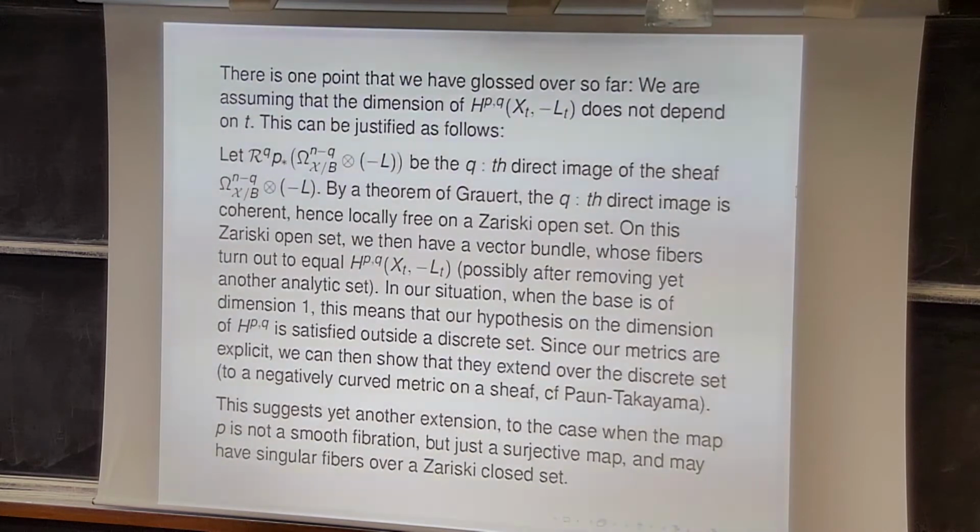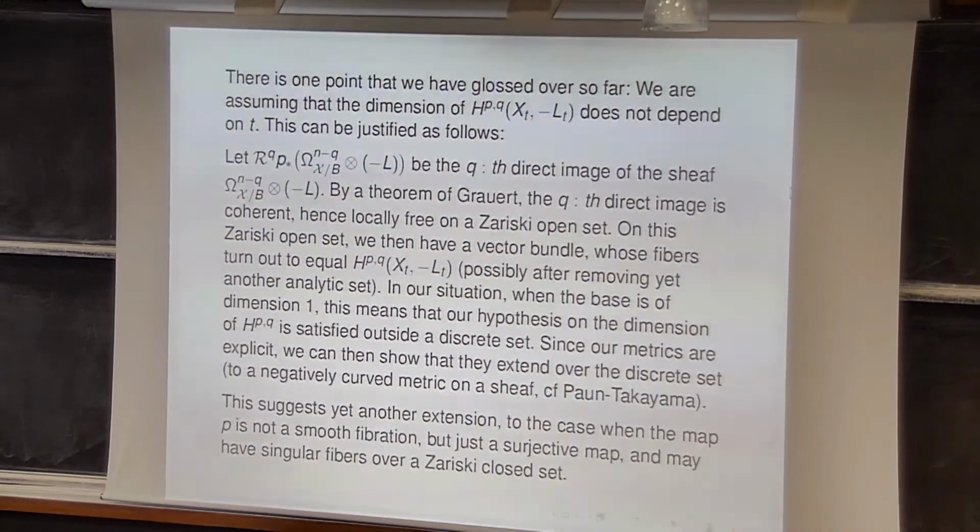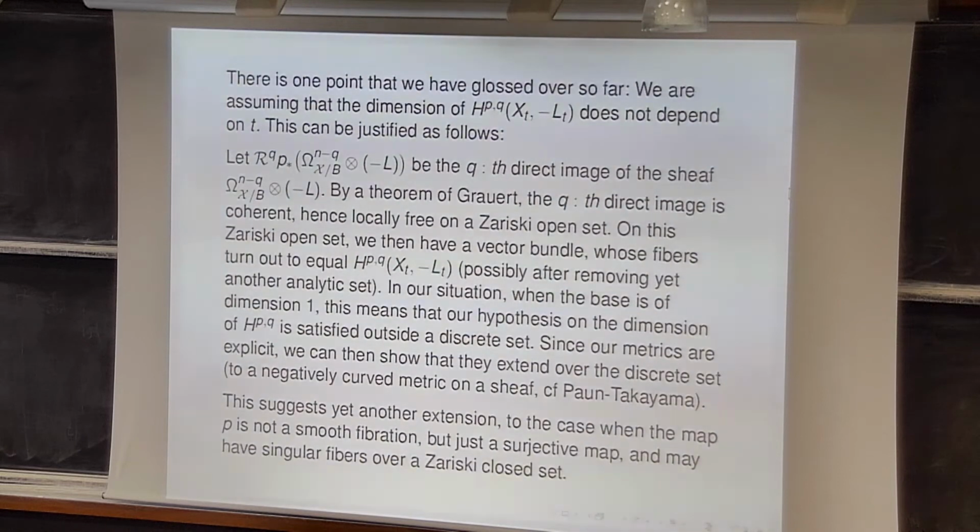But now, once we have extended the metric over some bad points, we can try to extend it one step further to the case when the map p there is not a smooth fibration, but just a surjective map. So it may have some singular fibers over a Zariski closed set. It means that there is some analytic variety in the base where you don't have a fibration, and the fibers there are not smooth manifolds anymore, but singular varieties instead.